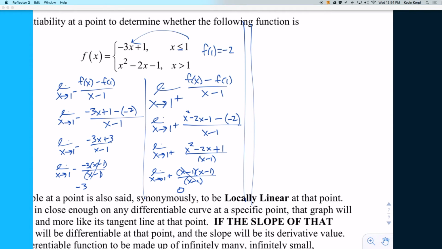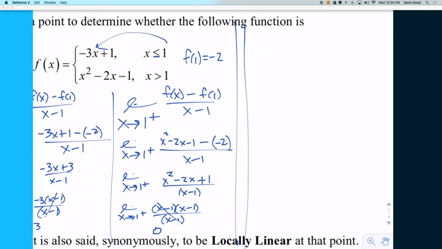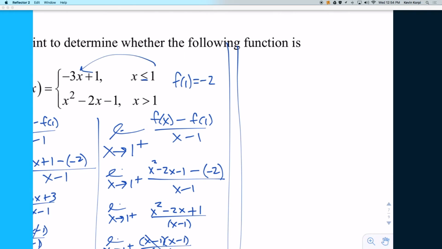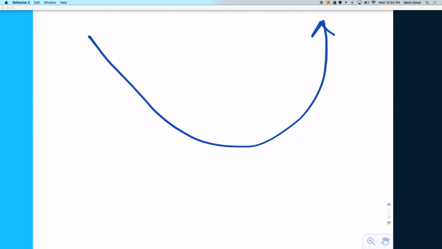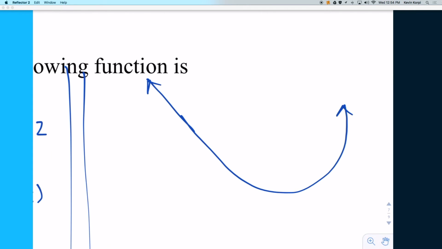So let's think about what's happening here. It's changing from a line with a negative slope to a parabola that opens up, but it's not a smooth connection. This would be like a smooth connection, right? If I drew it like this, would you be able to tell exactly where it changes from a line coming in on the left to a parabola going out on the right?